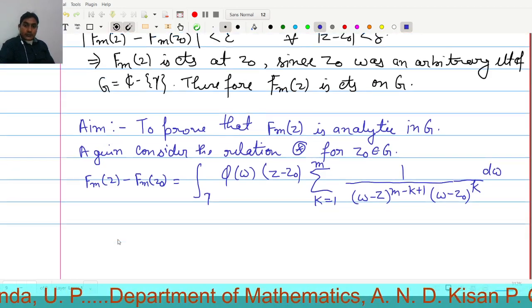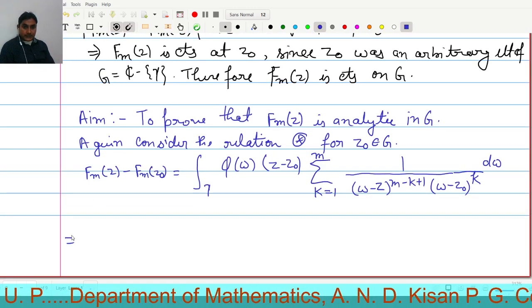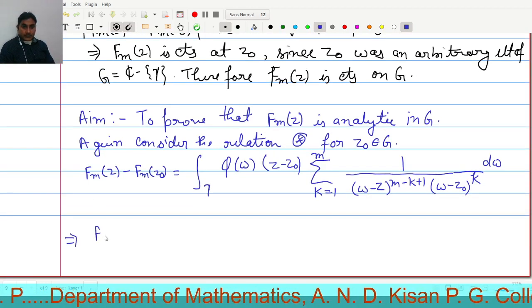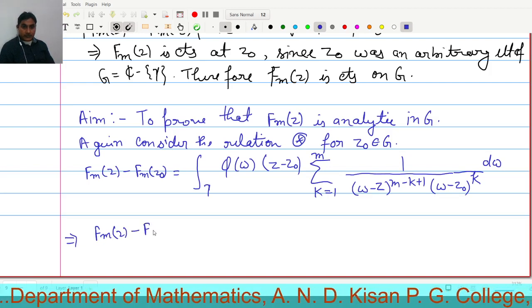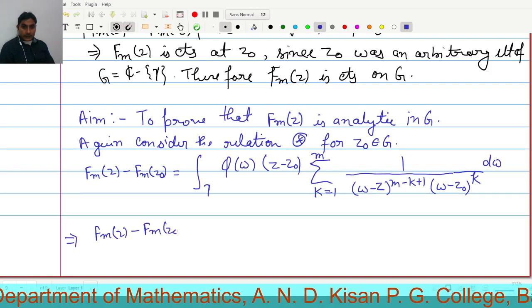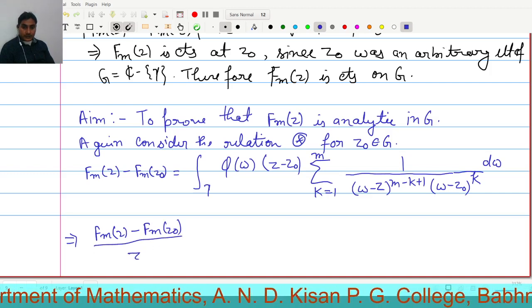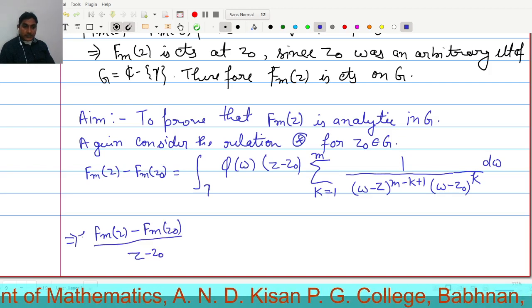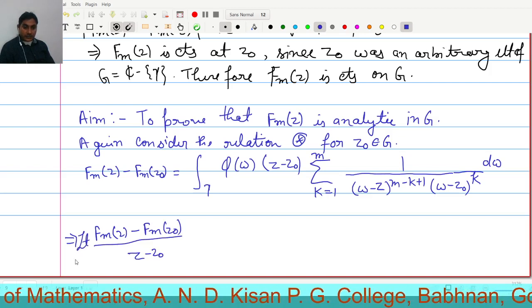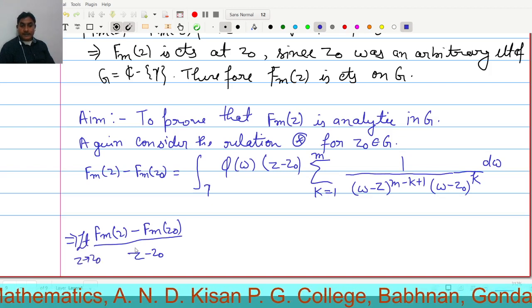So using this we can write, this implies that (f_m(z) − f_m(z₀)) upon (z − z₀), and I am taking, because we want to take the limit z tending to z₀.